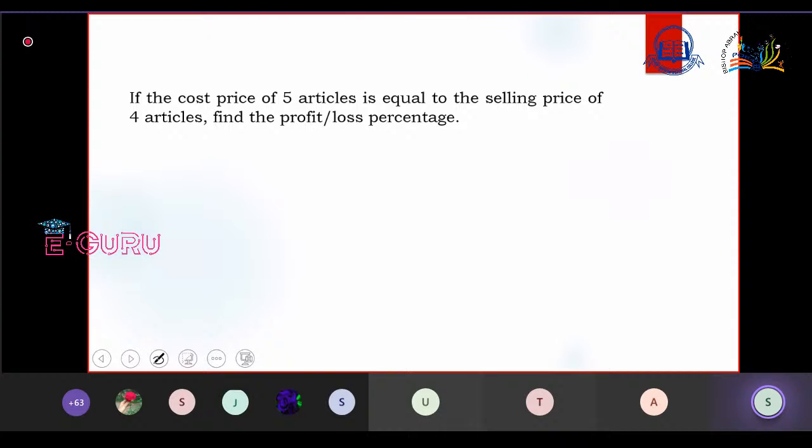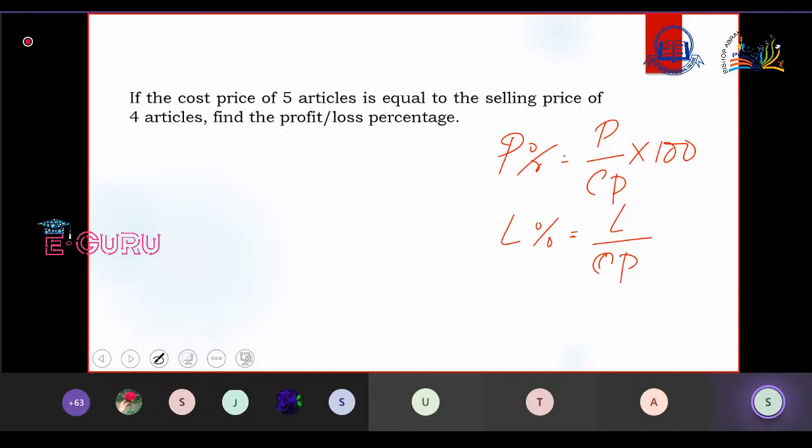Profit percentage means profit by cost price into 100, and loss percentage means loss by cost price into 100. Since the cost price of 5 articles equals the selling price of 4 articles, we can say 5 CP equals 4 SP.